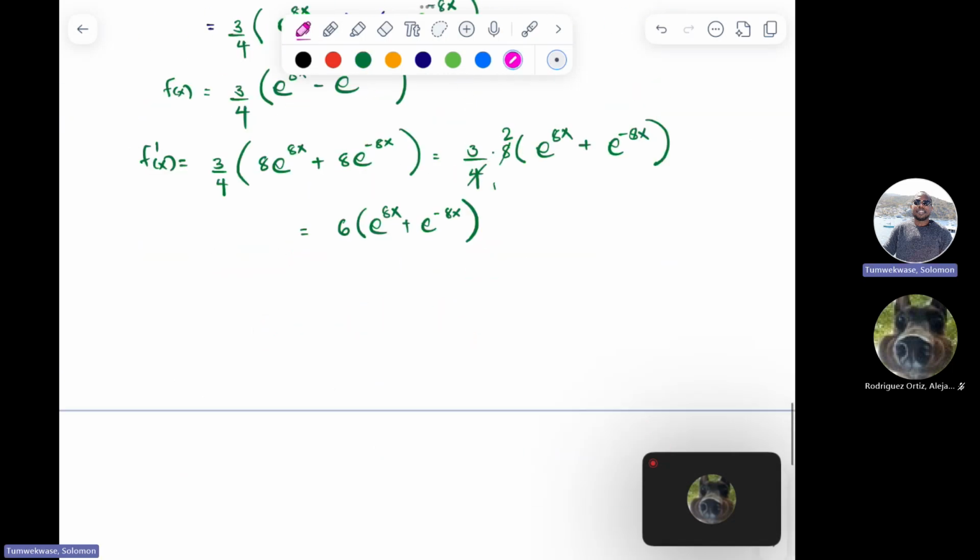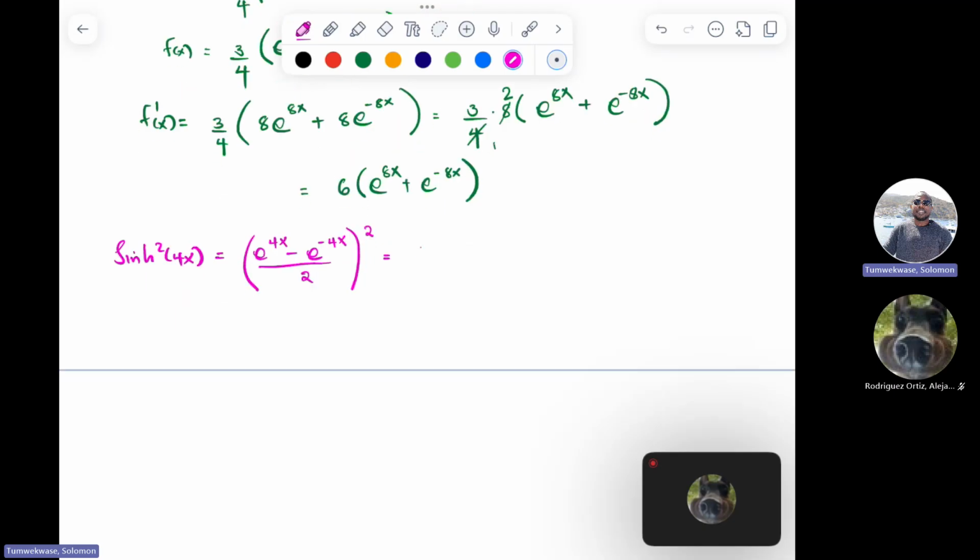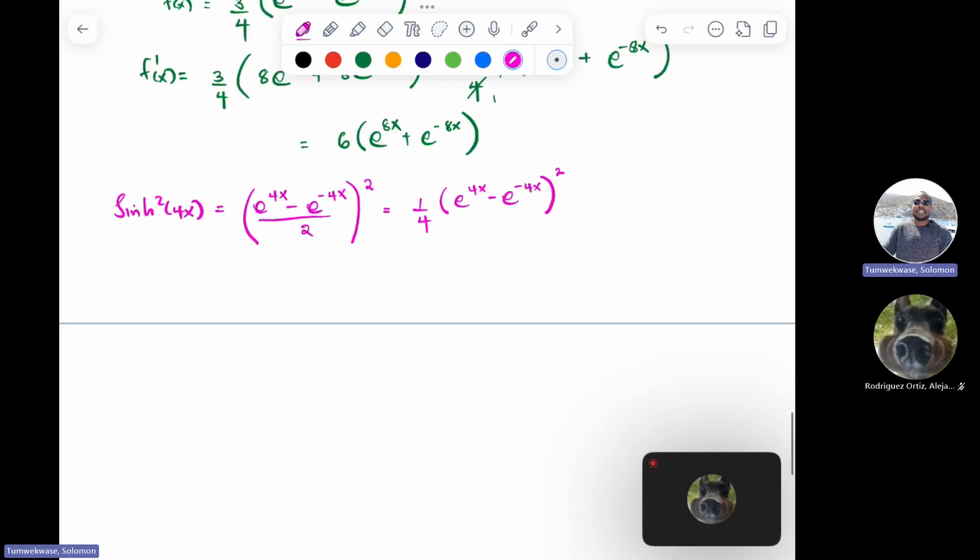So what I'm saying is that sine hyperbolic squared of 4x is the same as e to the 4x minus e to the negative 4x, then over 2, but we are squaring the whole of this, and this is the same as 1 over 4 into e to the 4x minus e to the negative 4x, but this is squared. This is 1 over 4, right?